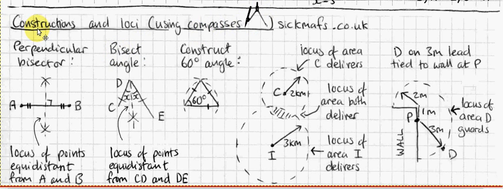So what are constructions? Constructions are just things you make using compasses, and loci are boundary lines that locate certain areas. Like this is a boundary line, or a locus. By the way, locus is just the singular for loci. Loci is the plural for locus. So basically they mean the same thing.